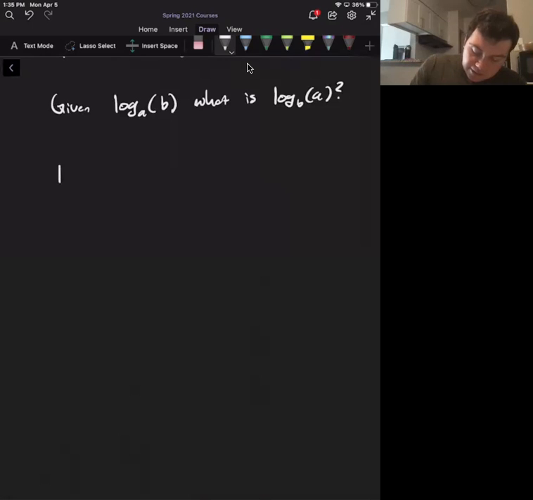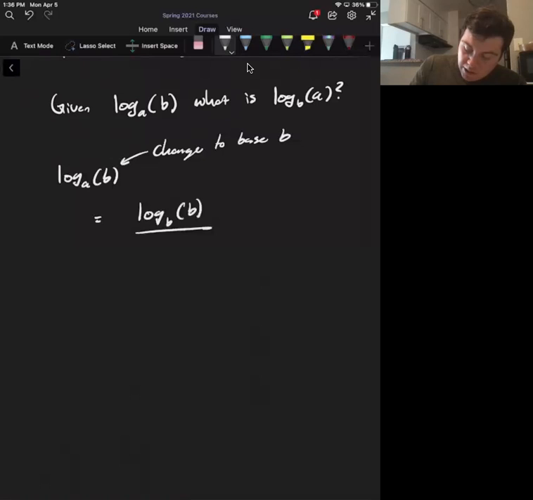So given log A of B, we'll change it to base B. So that's the same as log B of B over log B of A. So that's just plugging into our change of base formula.